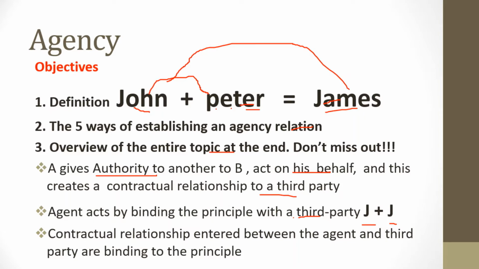As a summary, the agency relationship means that there will be a contractual relationship entered into between the agent and the third party, and whatever that entails will be binding on the principal. So I hope you now understand what an agency relation means.